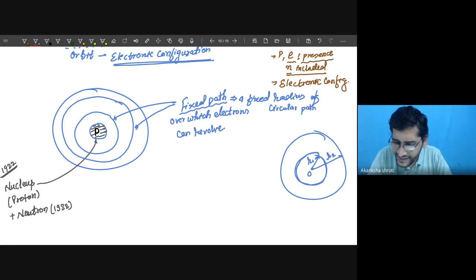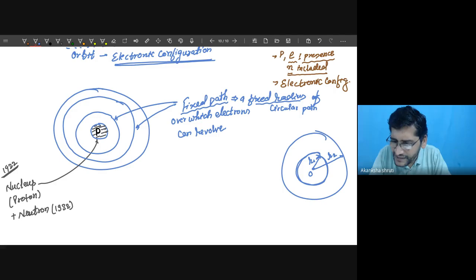This fixed radius is always measured from the center, and the center is what? The nucleus. So this is the fixed radius for the circular path on which the electron or electrons revolve.